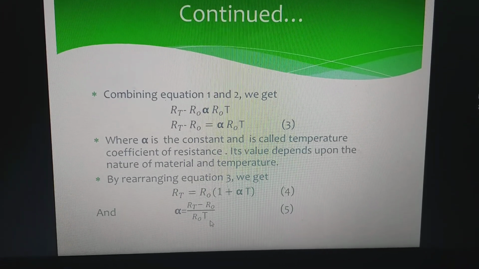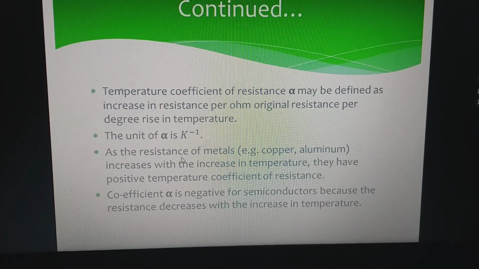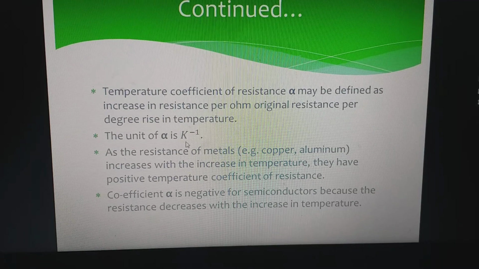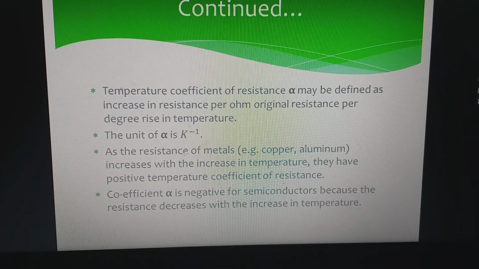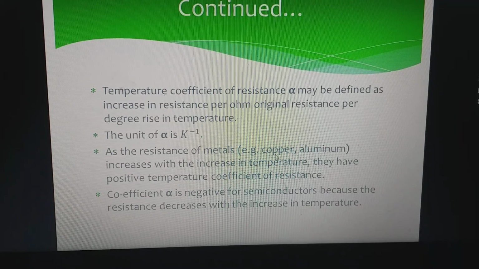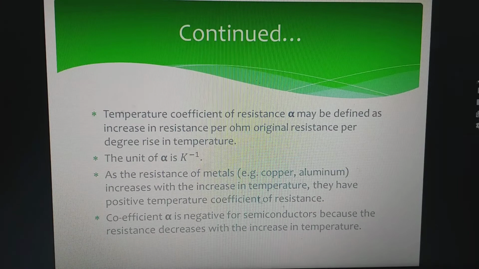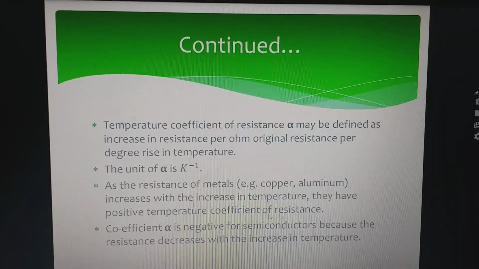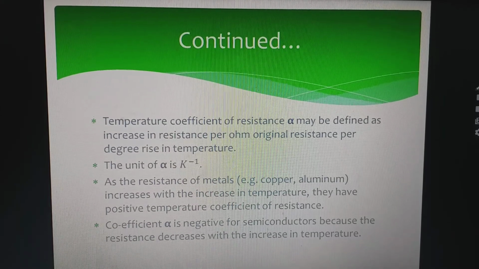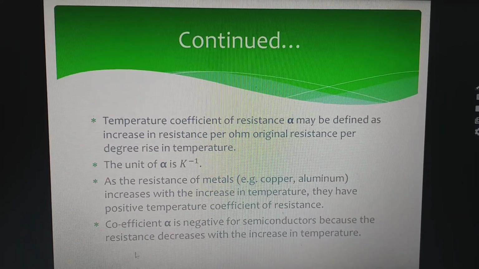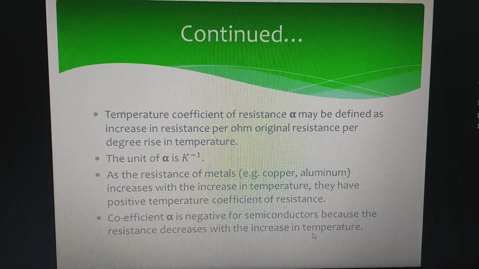Ohm cancels. What is left behind? Only the unit of temperature, that is, SI unit of temperature, Kelvin. So what would be the unit of alpha? Kelvin inverse. As the resistance of metals, for example copper, aluminum, increases with the increase in temperature, they have positive temperature coefficient of resistance. Coefficient alpha is negative for semiconductors because resistance decreases with the rise in temperature.